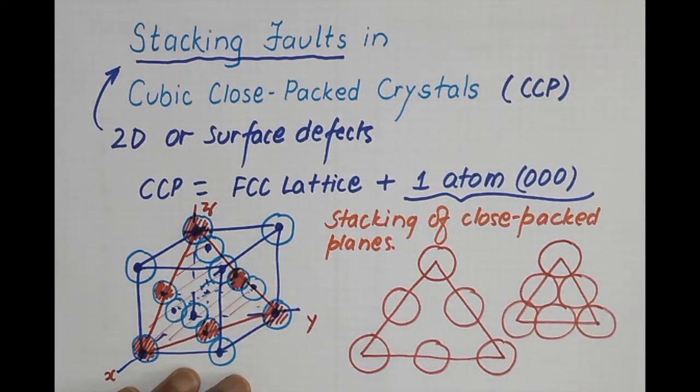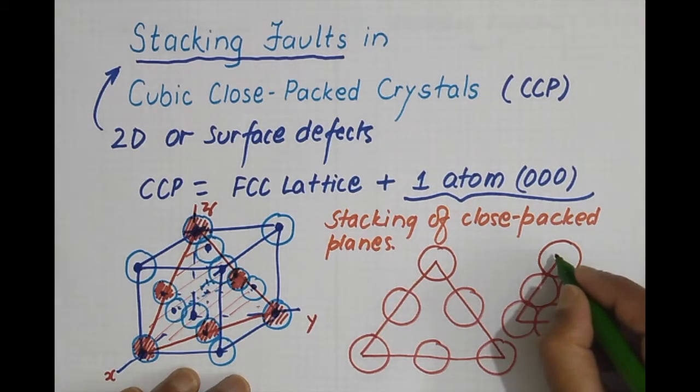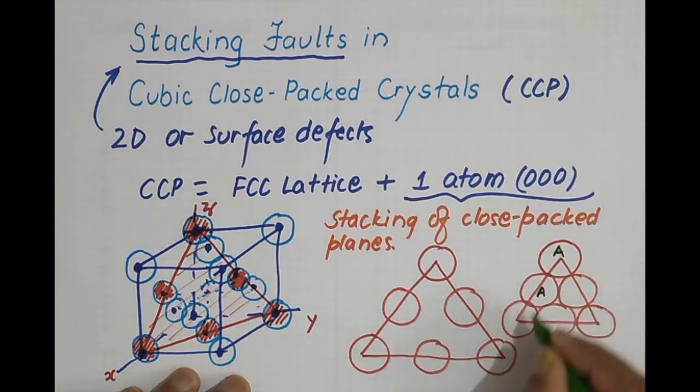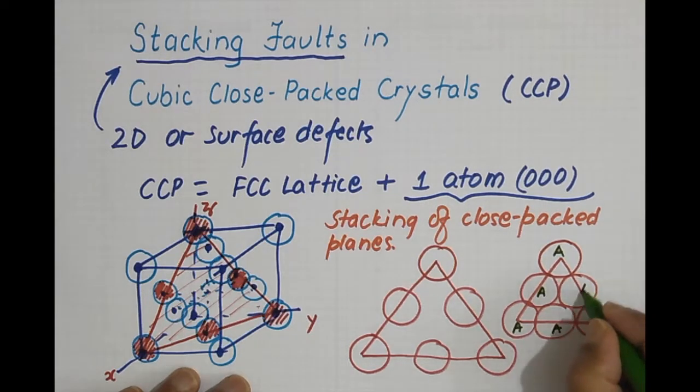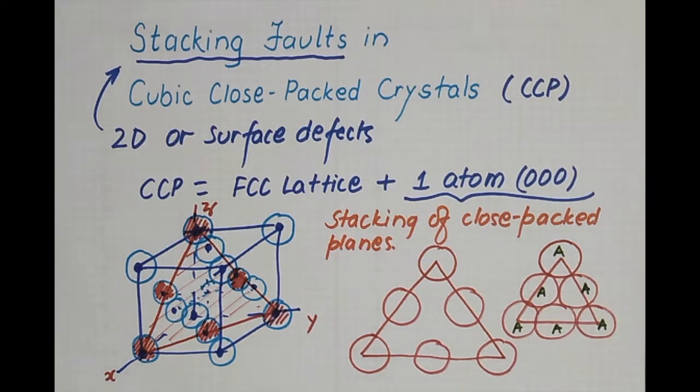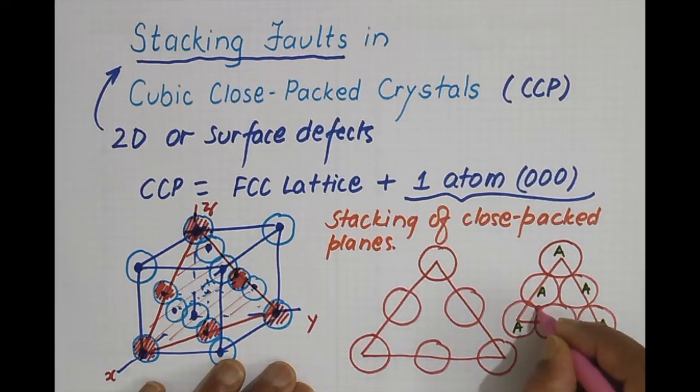a given close packed plane can be considered as an A plane. So I call all these atoms A atoms and the plane an A plane. The next plane above this will go at a location either B or C. And where is this B? The B is located in one of these triangular crevices.